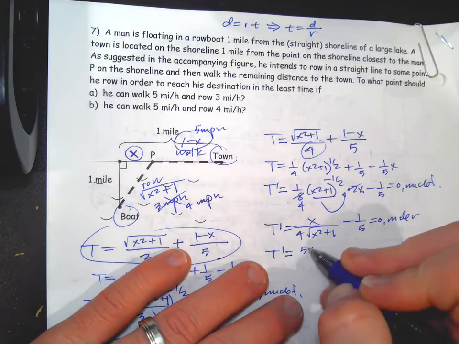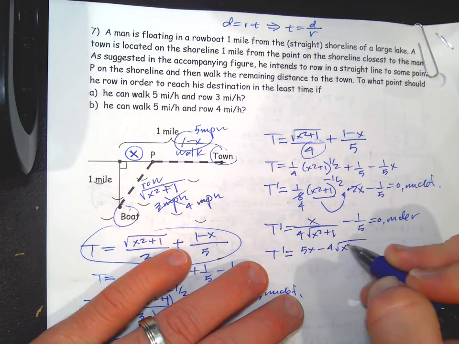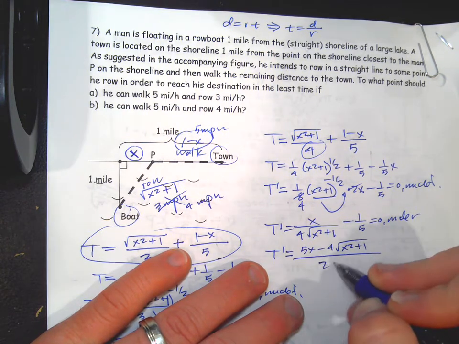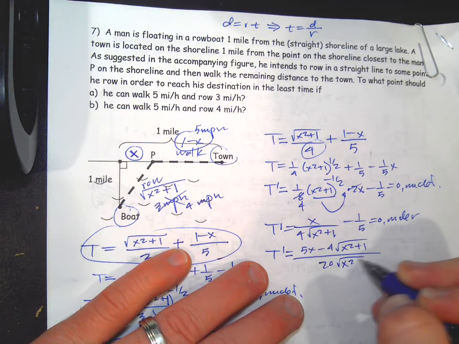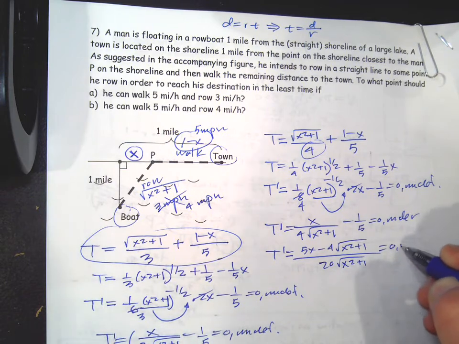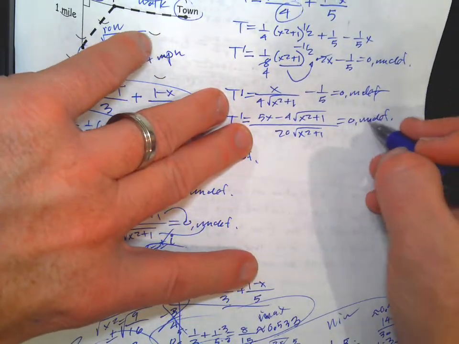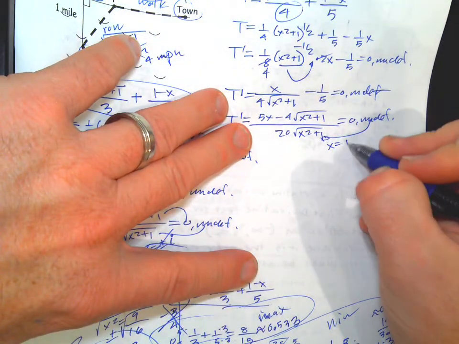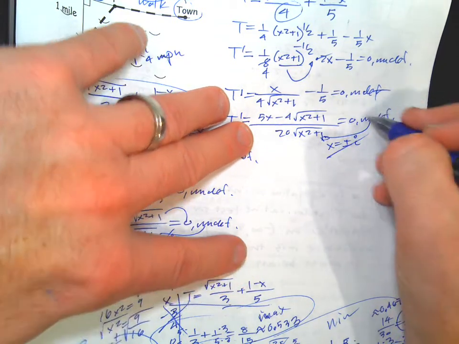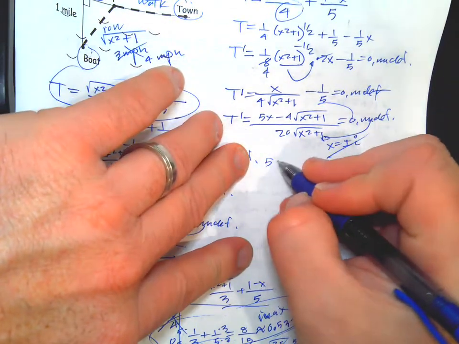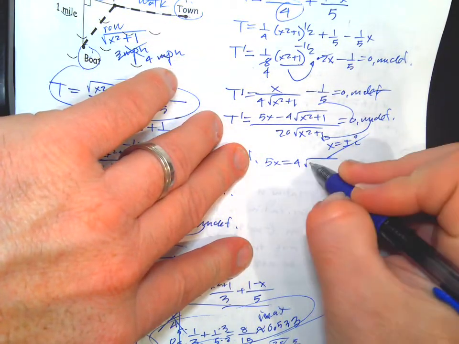So you get 5x minus 4 square root of x squared plus 1 over 20 square root of x squared plus 1 equals 0 or undefined. So the undefined comes from here. This is going to be x equals plus or minus i, which we're not going to use. The 0 comes from up here. So it's going to be 5x equals 4 square root of x squared plus 1.